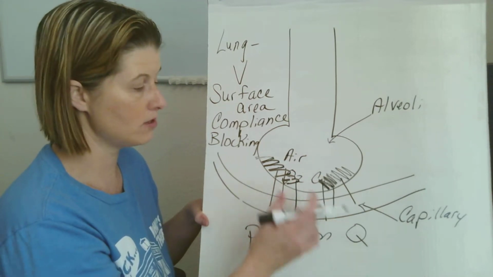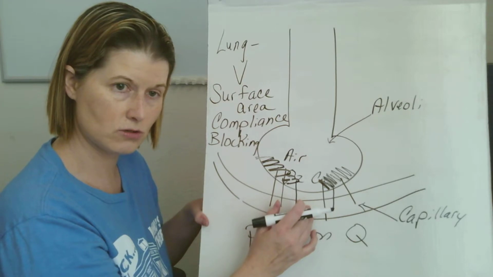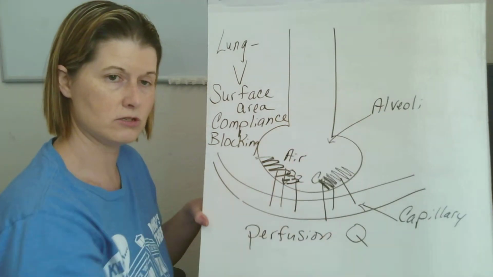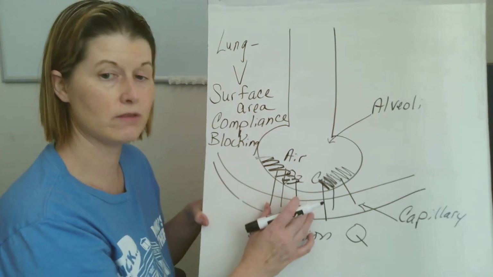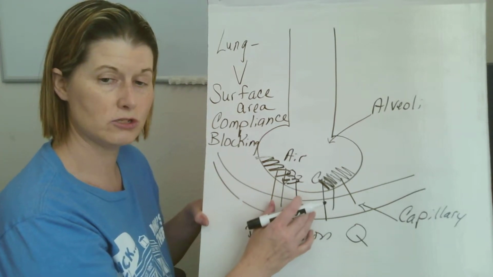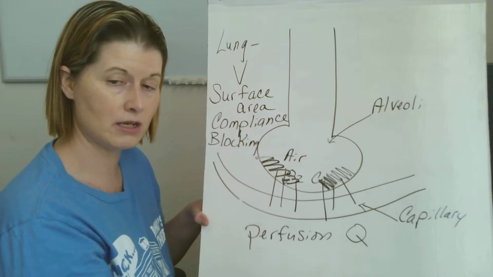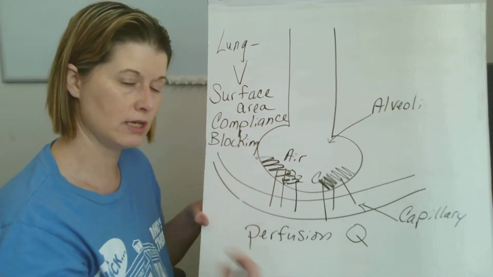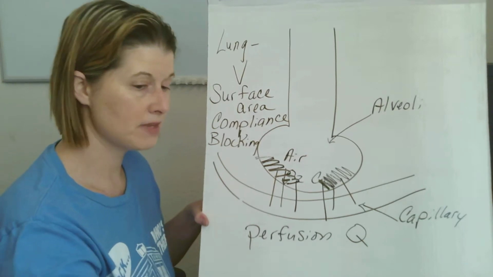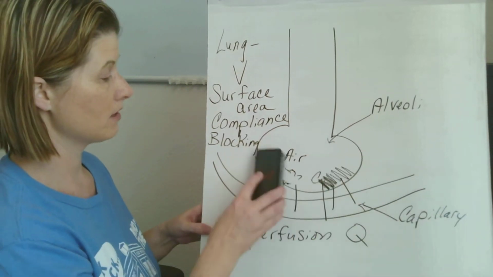So the patient is not going to have as much oxygen going into the bloodstream. They're not going to get rid of as much CO2 into the lungs. And so now we have a problem with getting the oxygen to the bloodstream. We're going to become acidotic and hypoxemic because our CO2 is going to build up and we're not going to get enough oxygen. Very important concept.